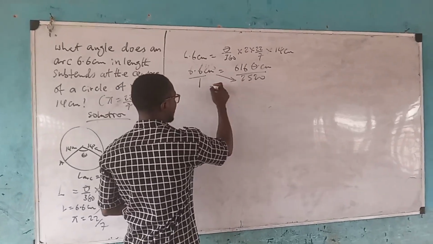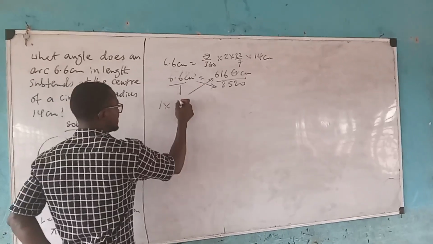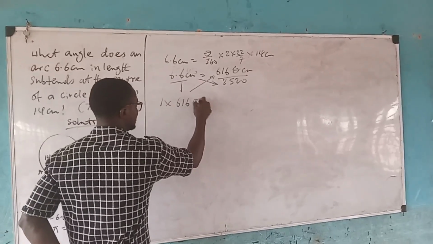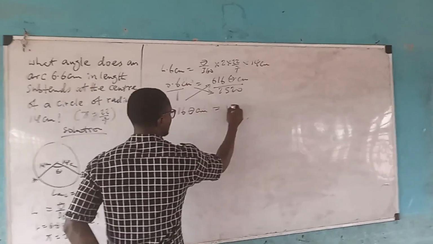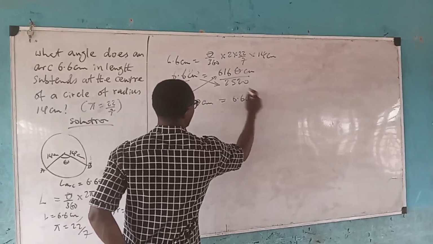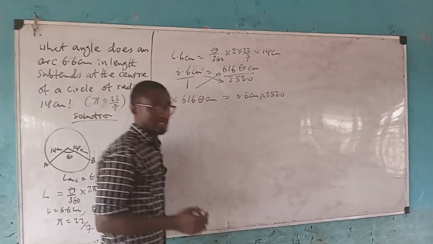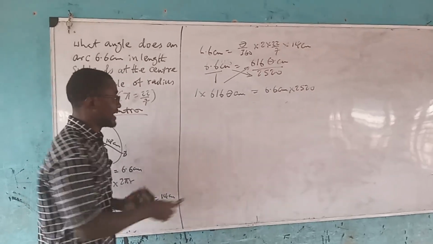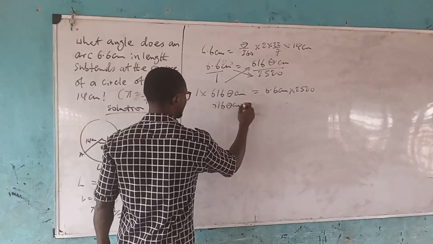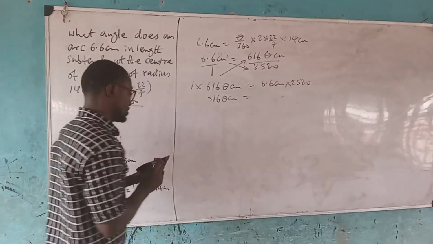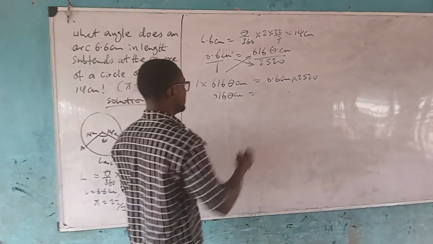So we have 1 times 616 theta centimeter to be equal to 6.6 centimeter times 2520. Apply this out to give us 616 theta centimeter to be equal to 16,632.